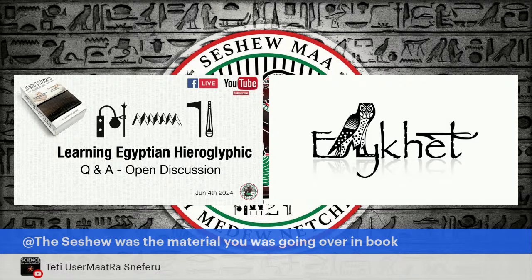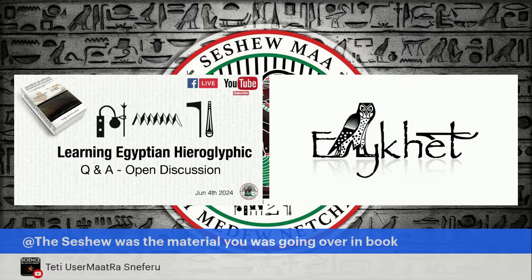For example, I tell people to pick a genre of Egyptian text. And I suggest the offering formulas, because the offering formulas are very standard. They're formulas that are different lengths, and say slightly different things, but their structure is the same.